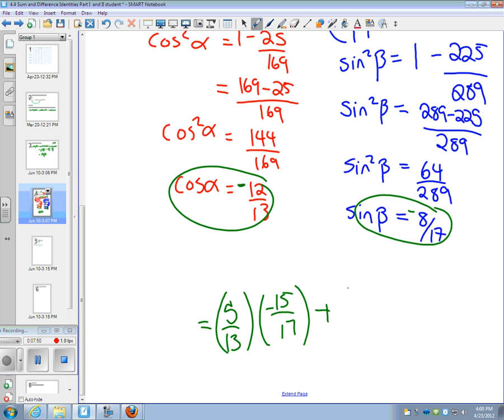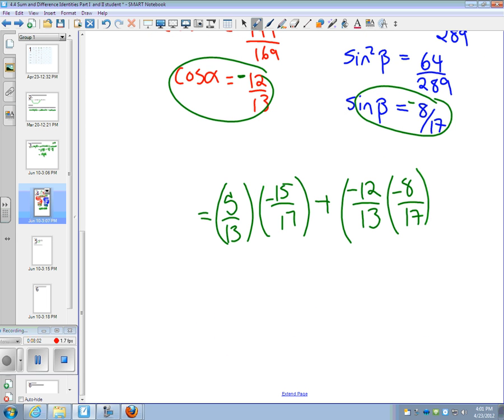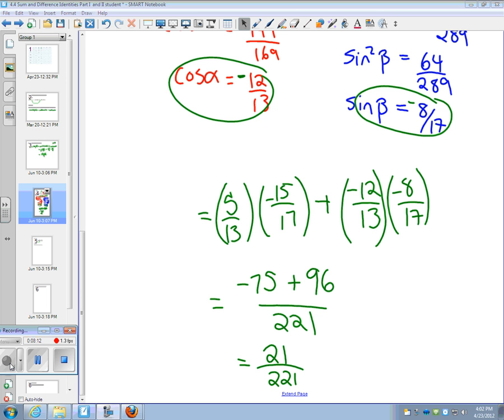So this is plus the product of 12/13 times negative 8/17. Okay, so on the bottom I should get 221. On the top I get 5 times 15 and 12 times 8. I'll just press pause. Okay, so using my calculator I got 21/221, which I believe to be true.